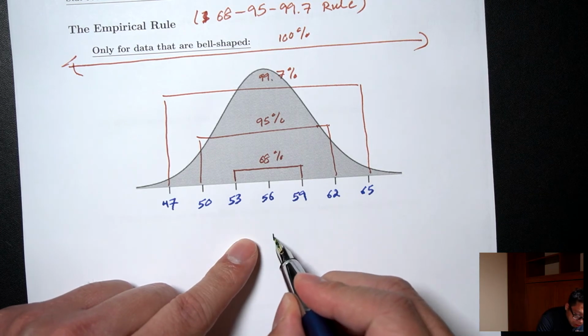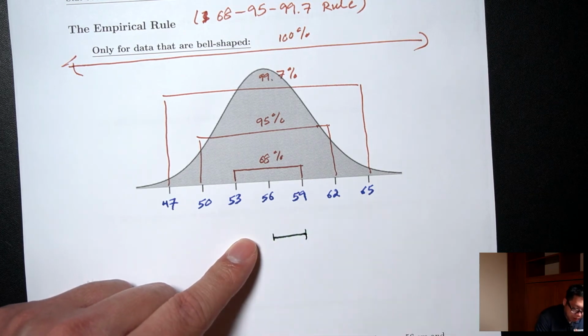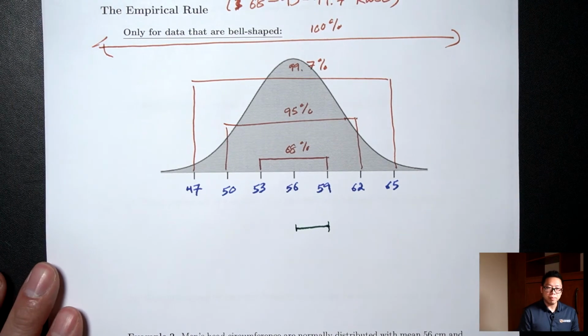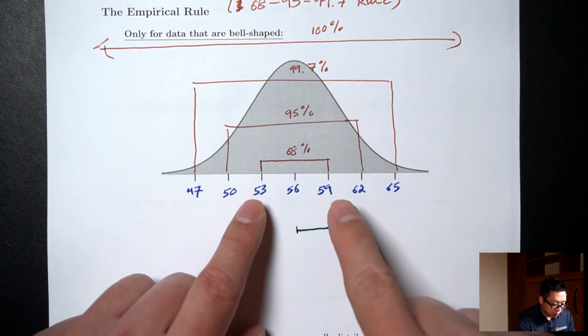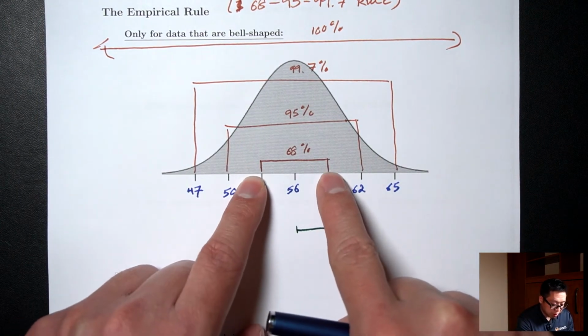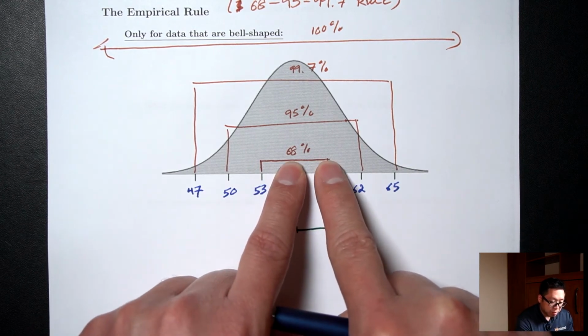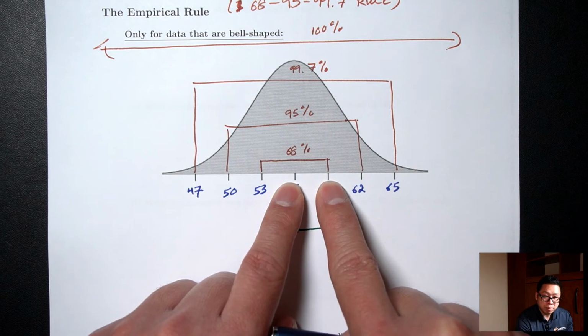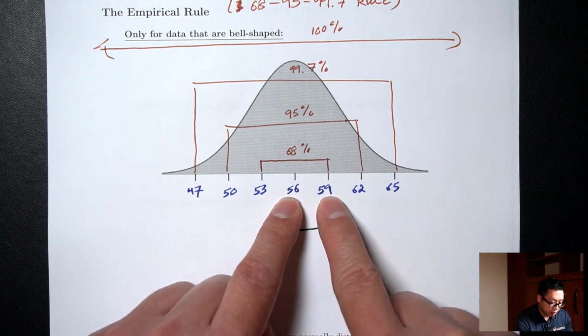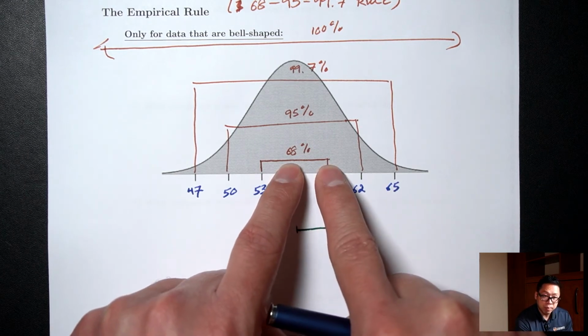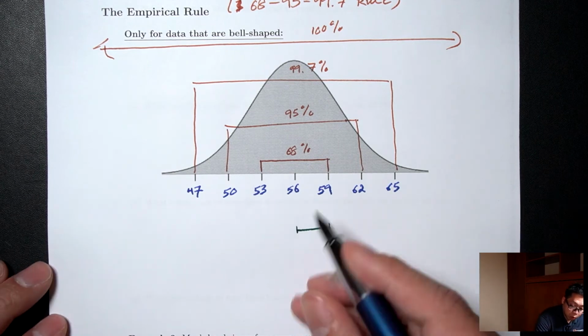What percent would be 56 to 59? If I know 53 to 59, if I know this is 68, 56 to 59 should be half of that, and it is. So 56 to 59 is half of 68, which is 34%.